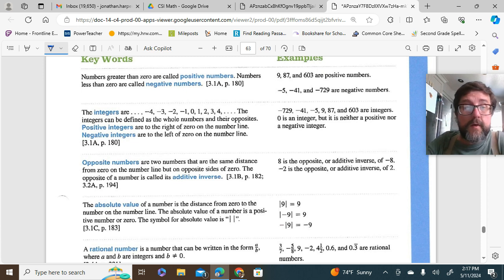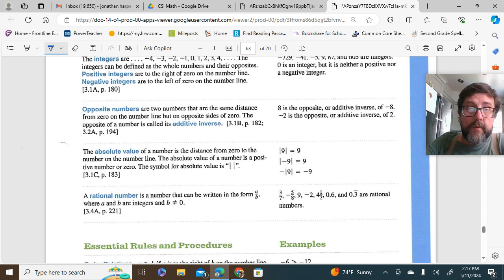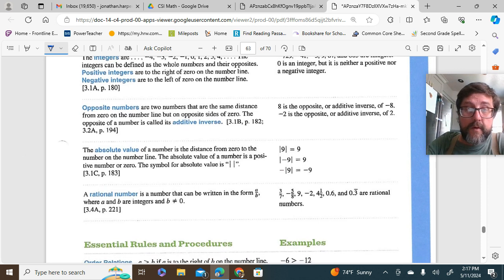I think that's a good description because we studied in Chapter 1 whole numbers, which is all the plus numbers. You can have your opposites, which would be a negative number. Opposite numbers are two numbers that are the same distance from 0.